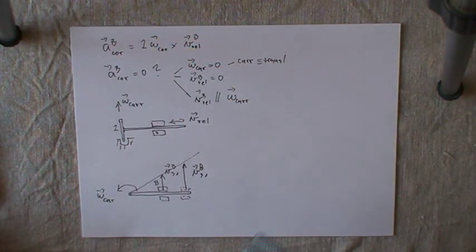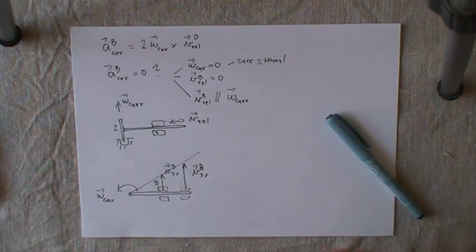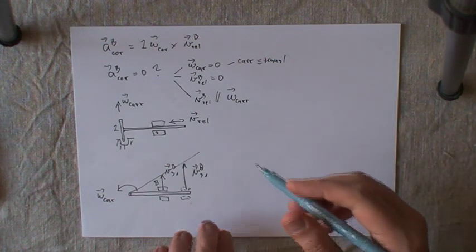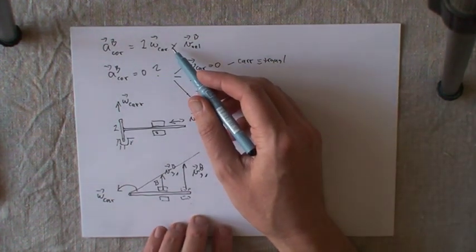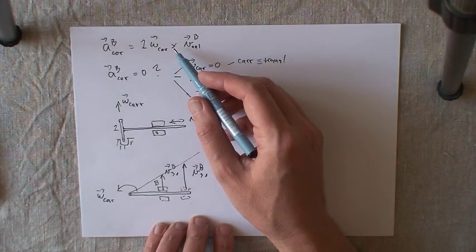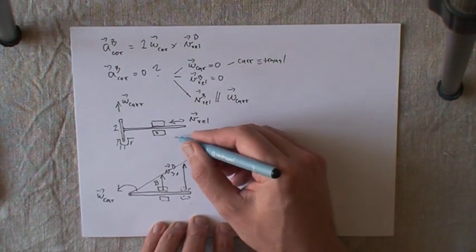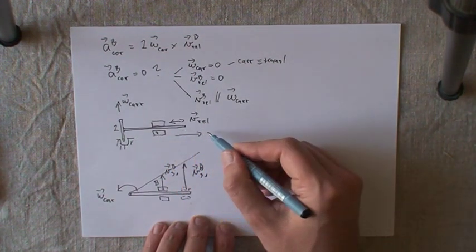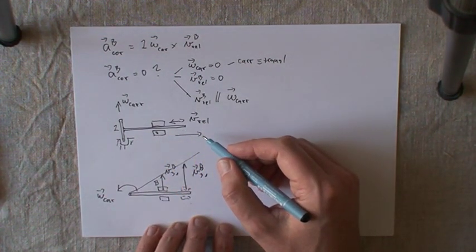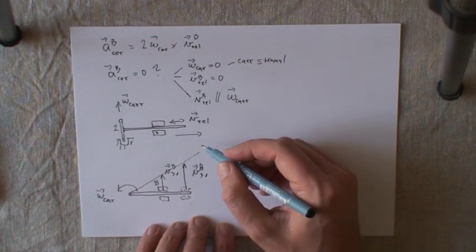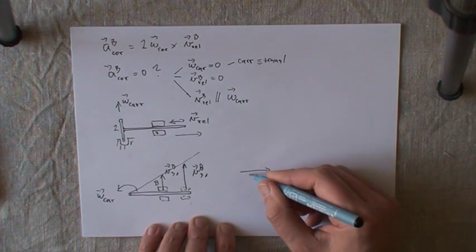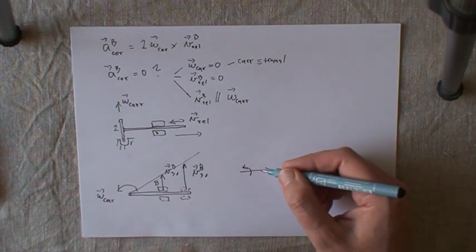Okay, and how will we get the orientation of Coriolis acceleration? It all comes from the properties of the vector multiplication. We will take VB relative, which is this vector, because we were moving this way. And we rotate it 90 degrees in the sense of the omega carrying, so in our case, in this direction.